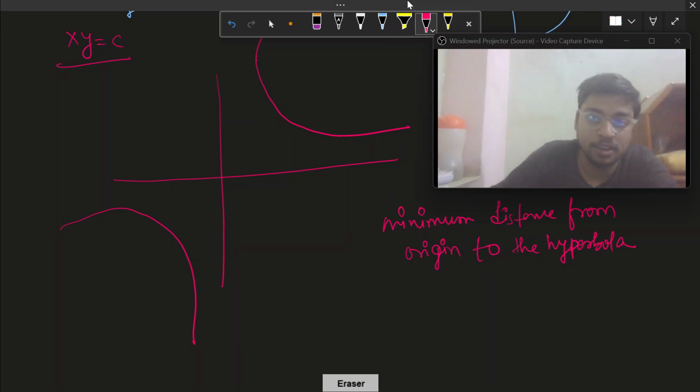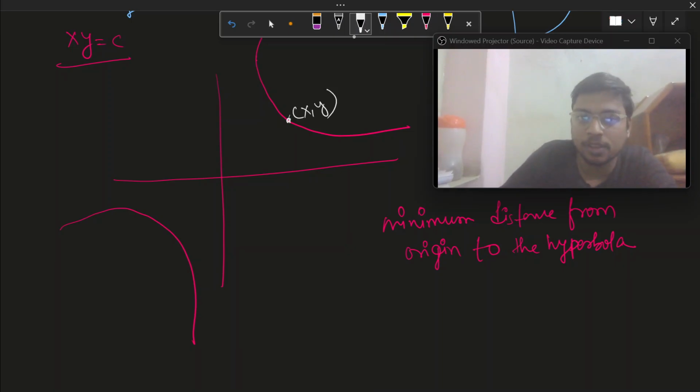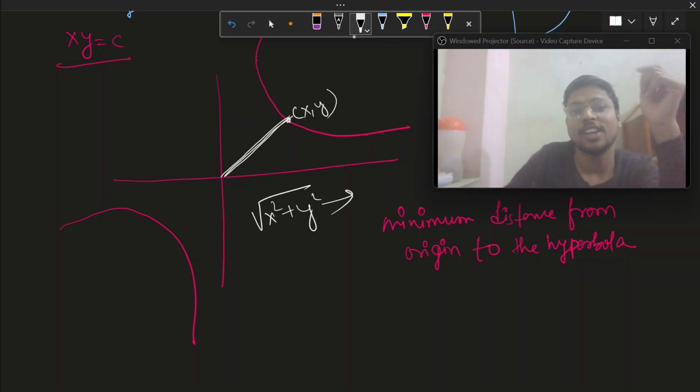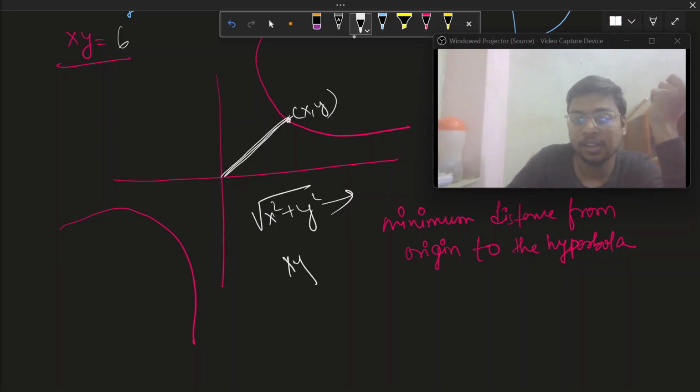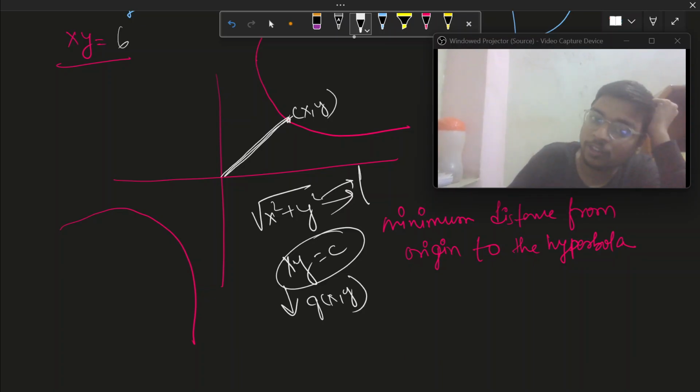Here if we have any point (x, y) and we want to find the minimum distance, we have to minimize this given it lies on the hyperbola. If we take xy equal to 6, it lies here. So it is the g(x, y) and it is f(x, y).